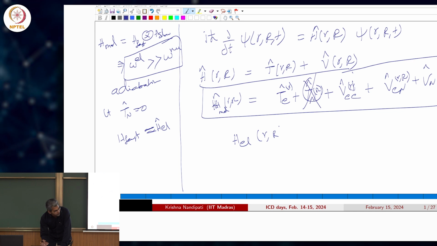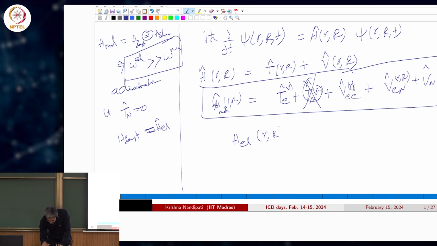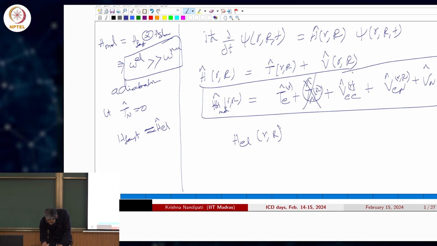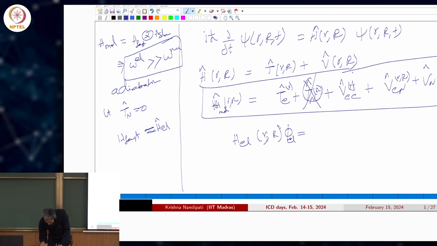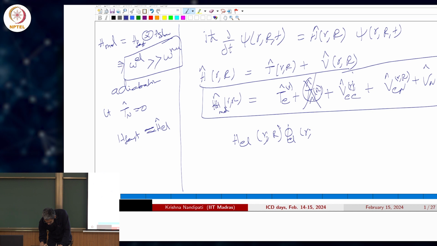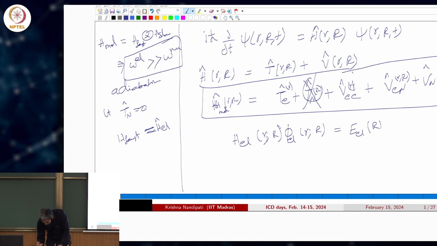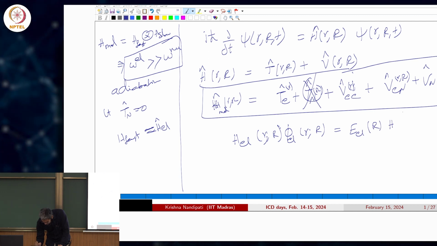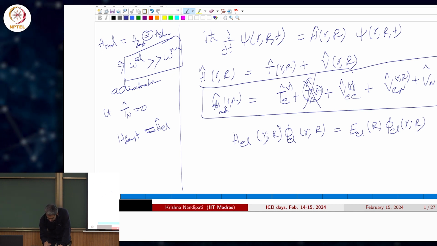We parameterize this Hamiltonian with respect to R, capital R. Let's call the electronic portion H electronic.